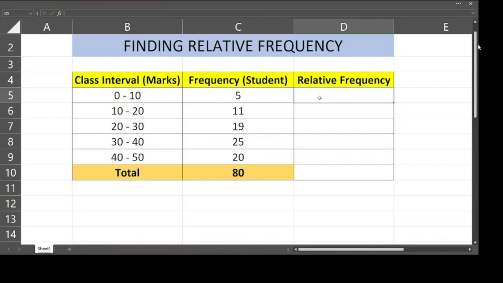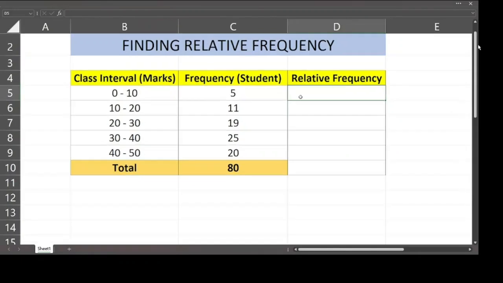The relative frequency is calculated by dividing the frequency of each class interval by the total frequency. So for this class, the frequency is 5 and the total frequency is 80. So the relative frequency for this class is calculated as 5 divided by 80.